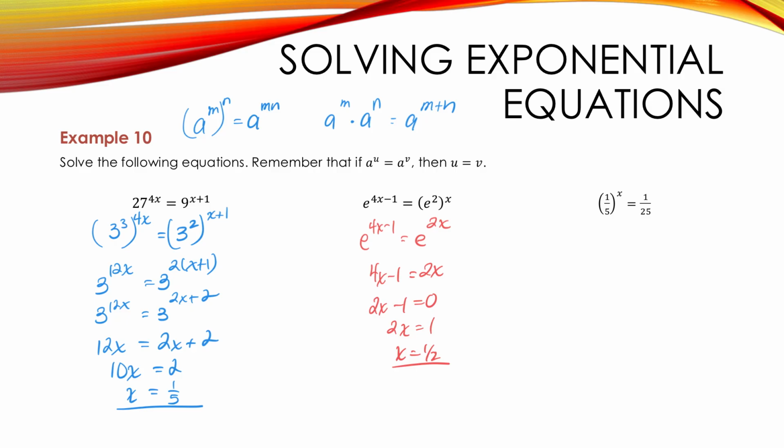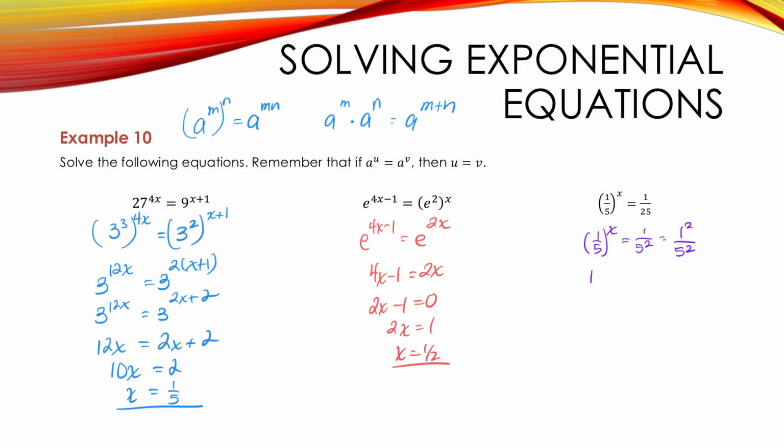And then the last one is sort of deceptive in that it can actually be pretty easily solved, but it doesn't look like it. So there's a couple of ways we can do this one. The way I'm going to tell you to do this one is to leave it as 1/5 raised to the x, and let's see if we can make this some sort of 1/5. Well, we know 25 is 5 squared. Well, guess what is also squared then? That's the same as 1 squared over 5 squared.